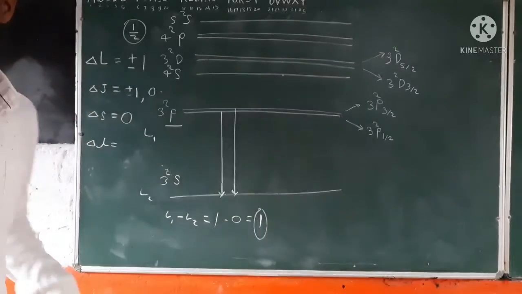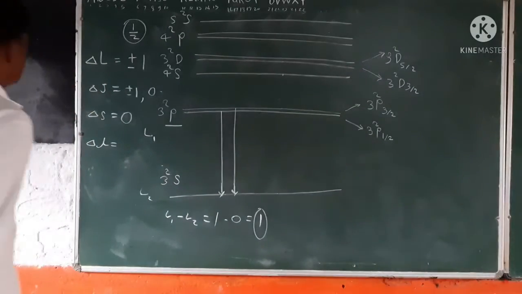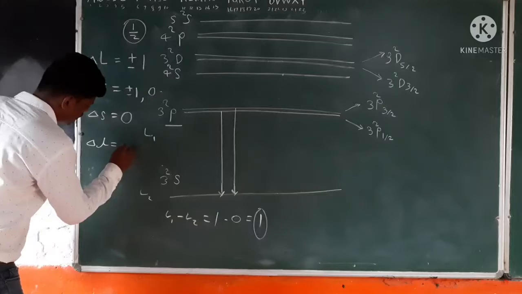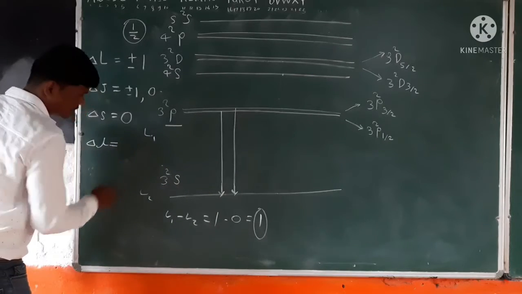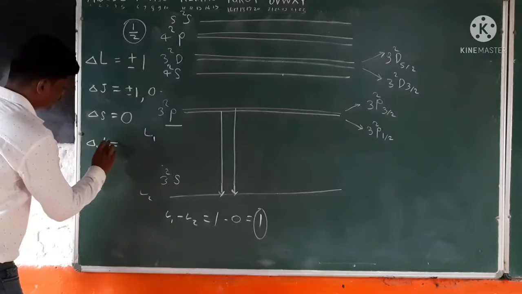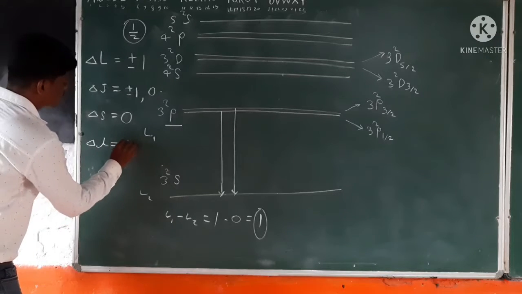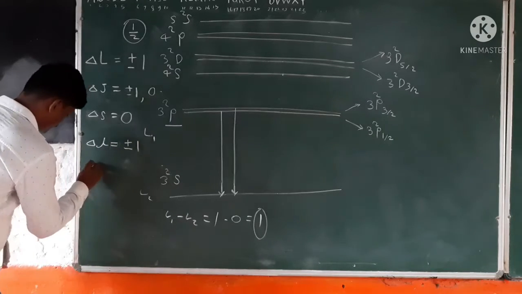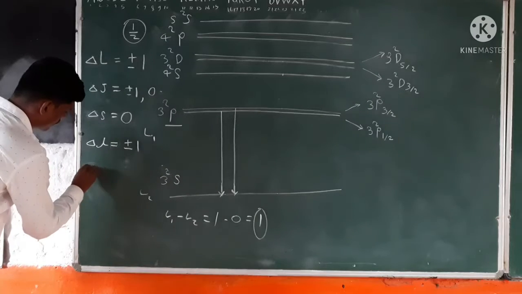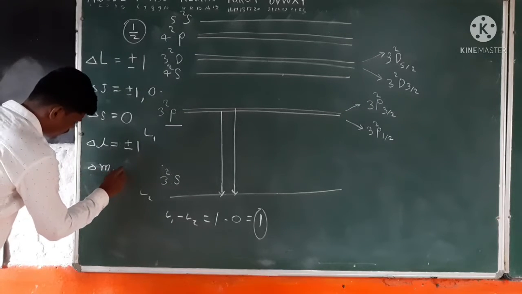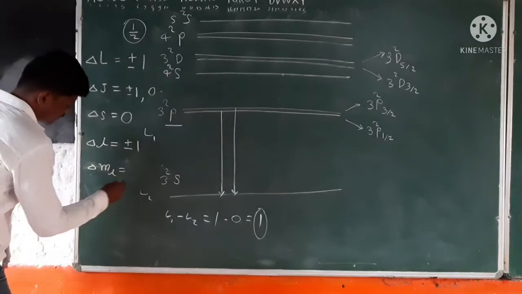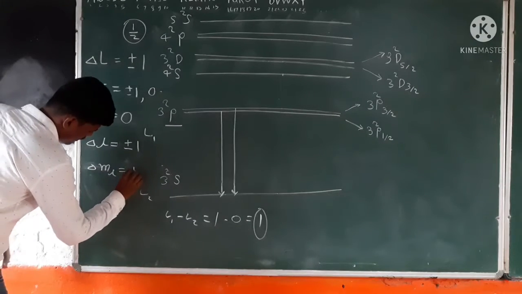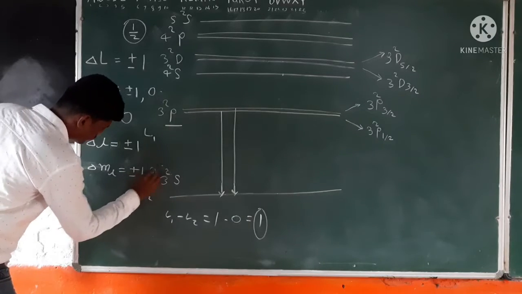So those transitions which are following all these selection rules will go through a certain transition called an allowed transition. Now, for del S we have plus or minus 1, and for the magnetic orbital quantum number, del ML, we have plus or minus 1 and 0.